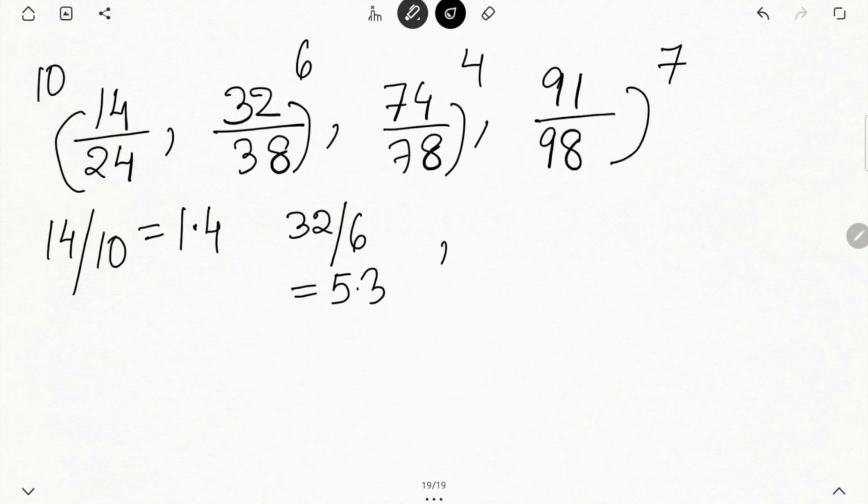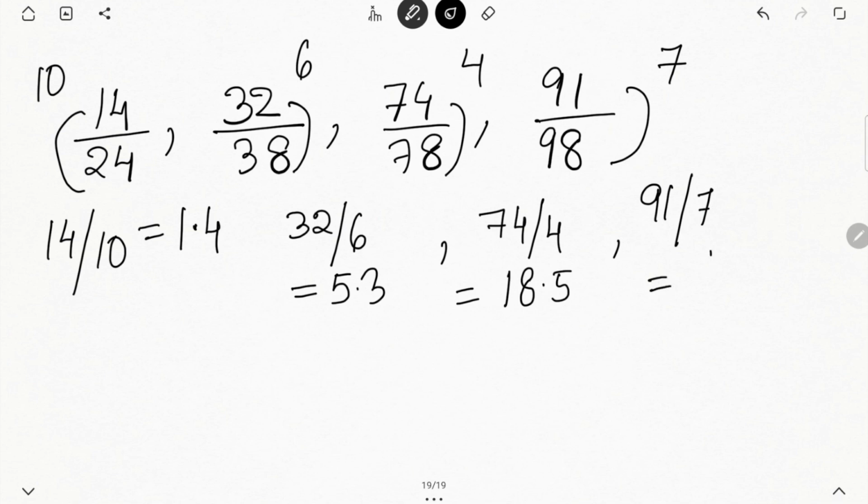Here I divide 74 by 4, which gives me 18.5, and here I divide 91 by 7, which gives me 13.